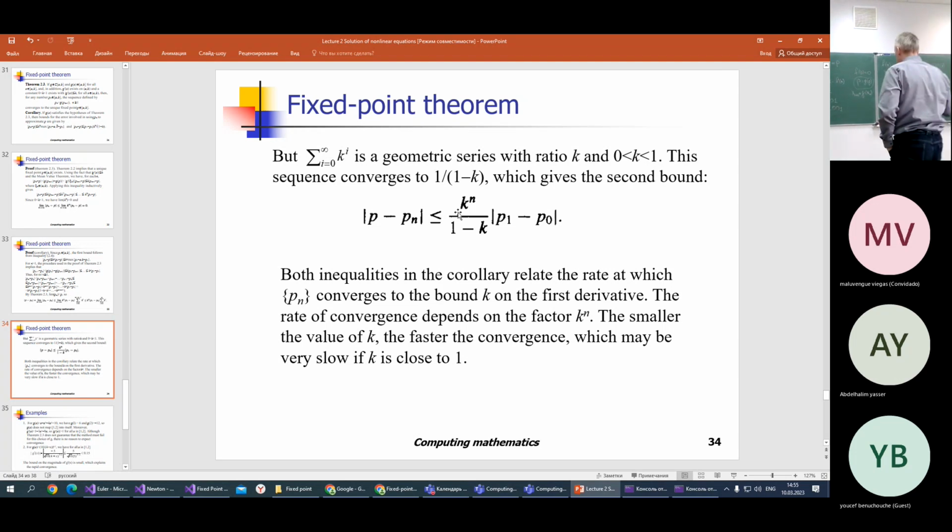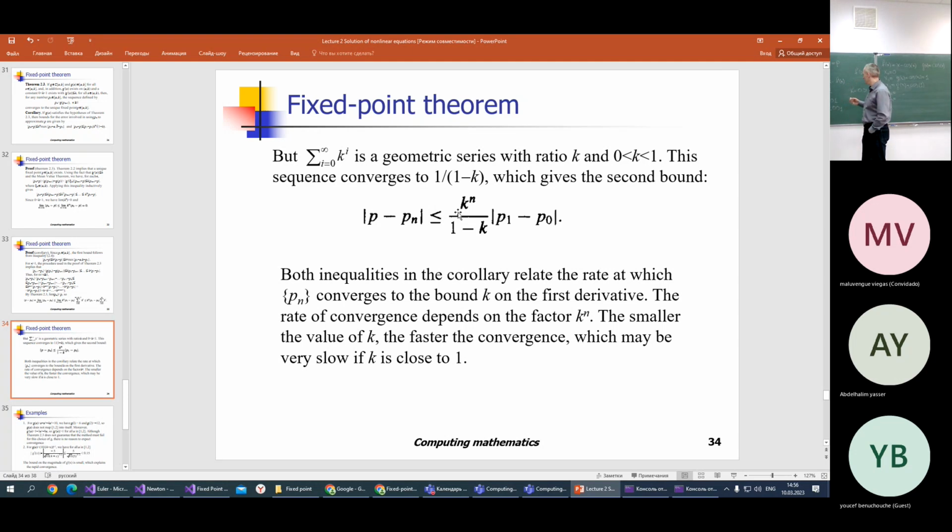But in the case when k is large, k must be smaller than 1, but it can be close to 1. For example, it can be 0.9.